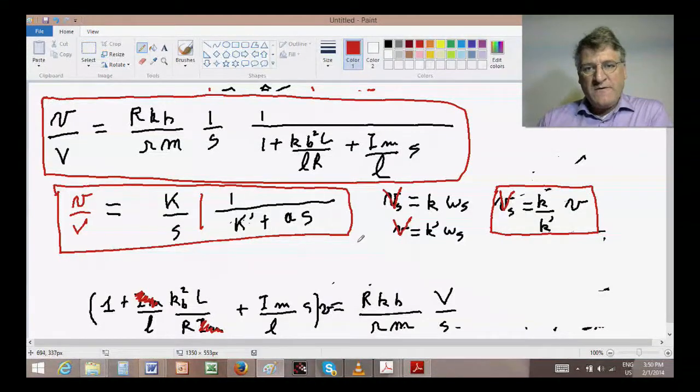We could further simplify this transfer function, but I would rather keep it as it is.